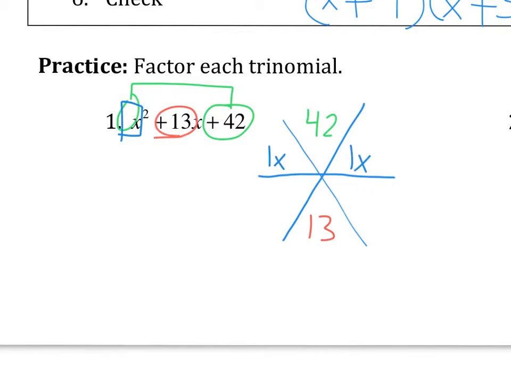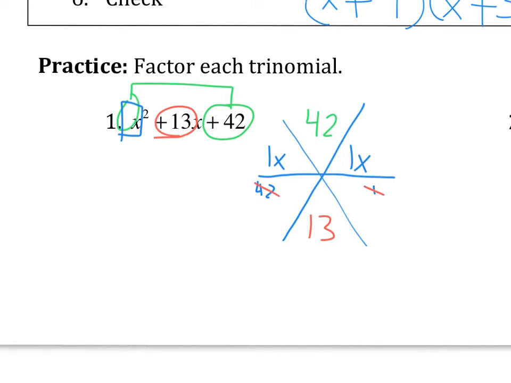And now we think to ourselves, and we can write it out too, but we say what two numbers multiply to 42 add to 13? So they multiply this direction and they sum this direction. So what are the factors of 42 that sum to 13? And you could say, well, let's say 42 and 1.